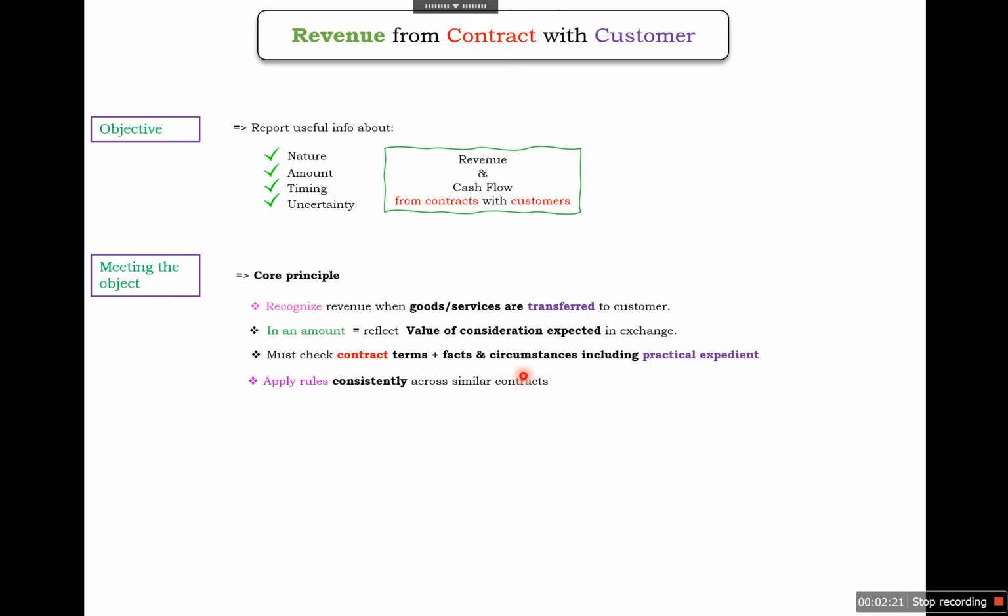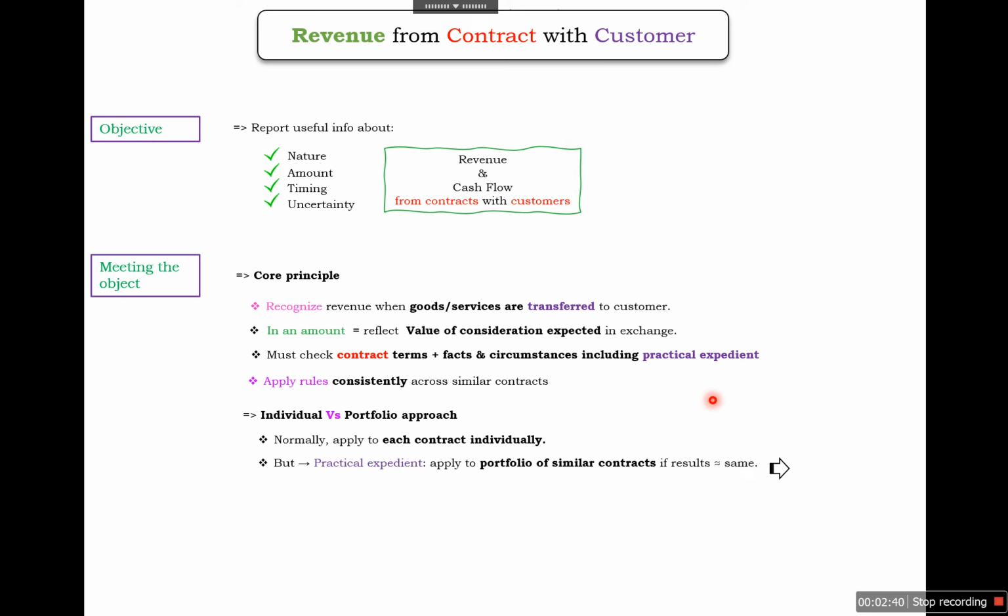If there is more than one contract, for example, there are industries where a similar number of transactions are done. So Ind AS 115 provides us the liberty to use the portfolio approach, using the practical expedient to apply Ind AS 115 instead of applying 115 to each and every contract individually.